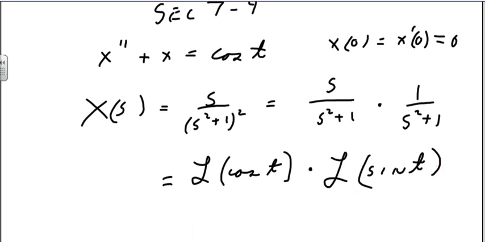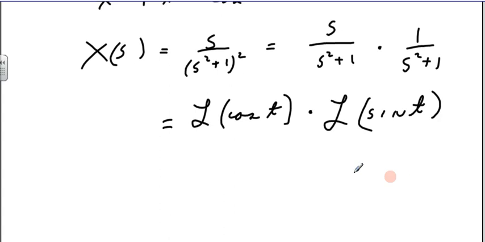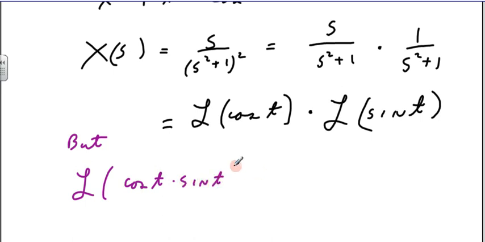And then I say, well, but what happens if I take and look at the Laplace transform of cosine t times sine t? What do I do? Well, that's going to equal the Laplace transform of 1/2 the sine of 2t.